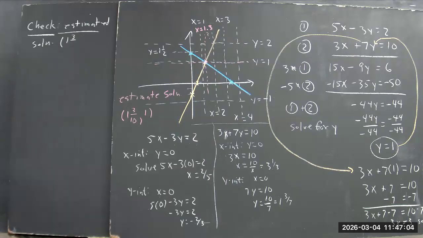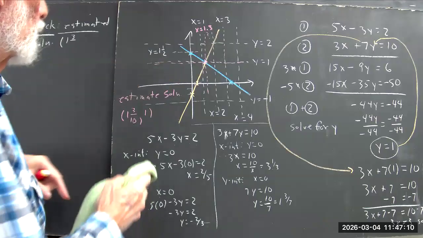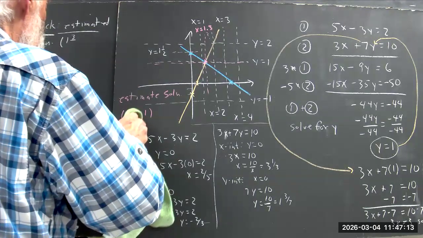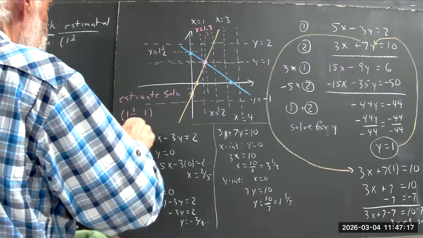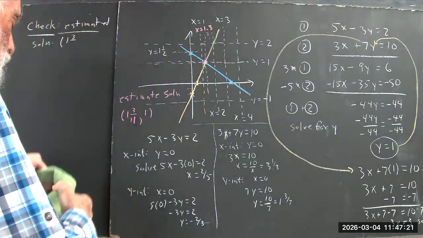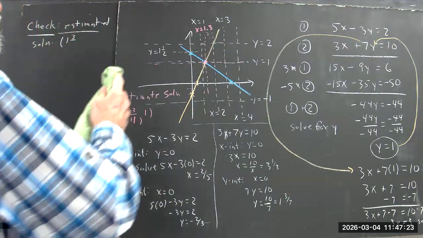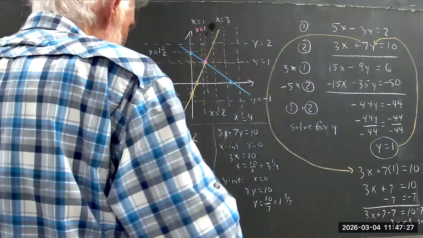Actually, just to illustrate, I would estimate 1.3, but I'm going to call that 1 3/11, which is about as close as 1 3/10. So I'm going to change my estimate of x, and we wouldn't estimate 1 3/11. We'd probably estimate it with a decimal.